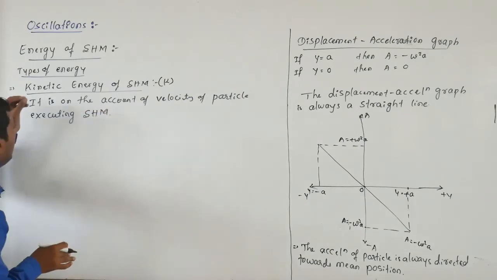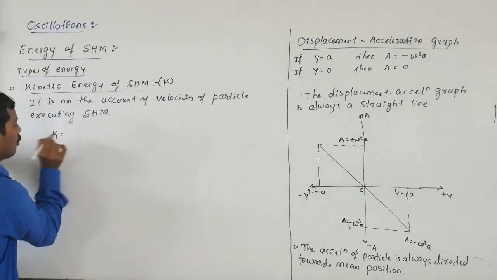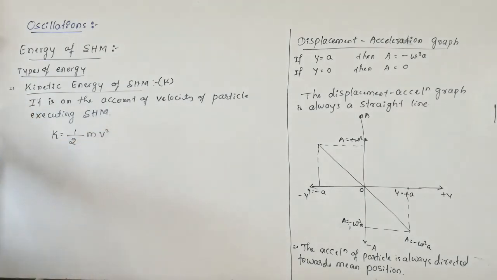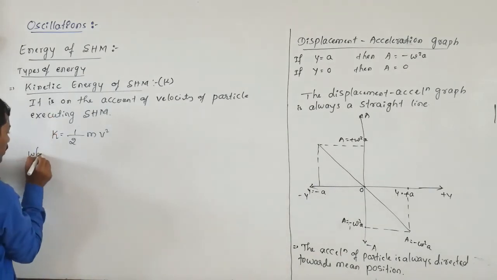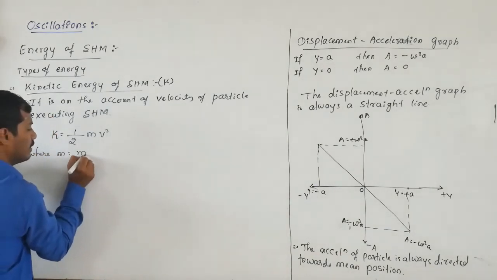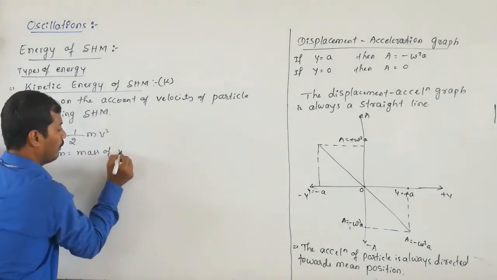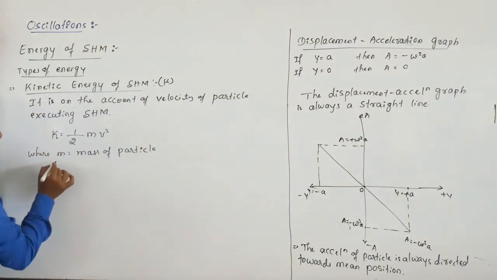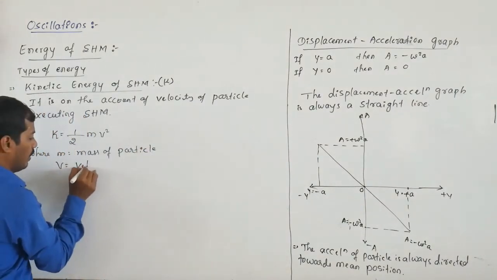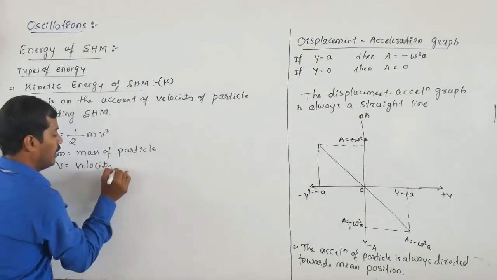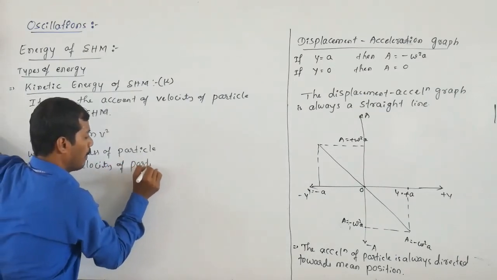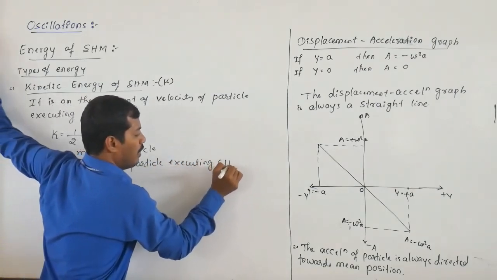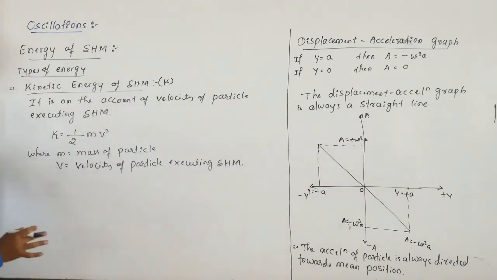Its form is, the kinetic energy form is K is equal to 1 divided by 2 m into v square, where m is the mass of the particle, and v is the velocity of the particle executing simple harmonic motion. Yes, it is right.